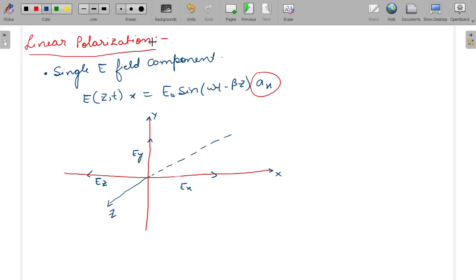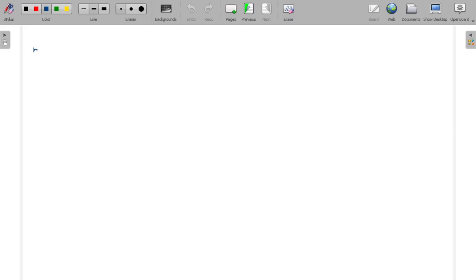Okay, so now there is one more case of linear polarization. Let's suppose this is our case A. Coming to case B, case B is two components in phase.